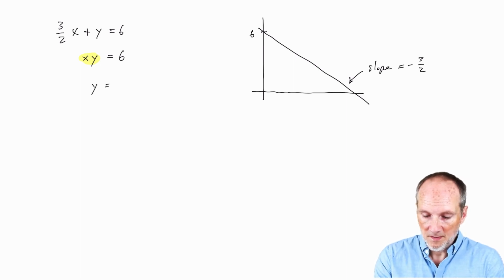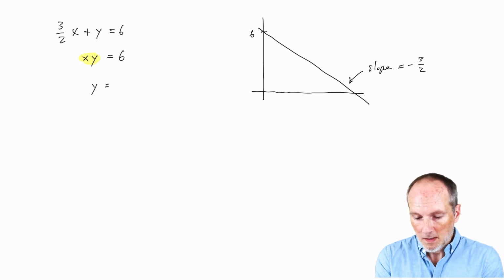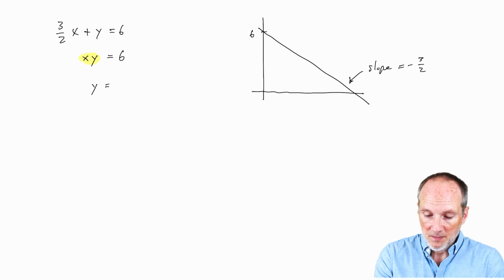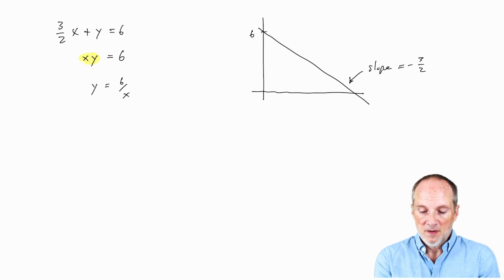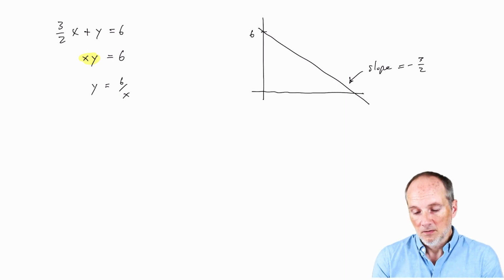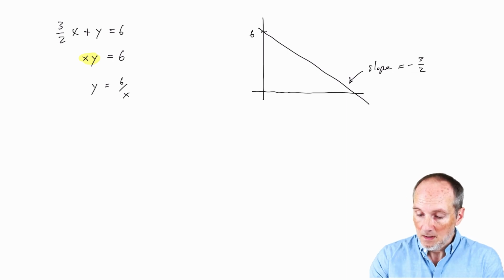Obviously to solve that, x has to be non-zero, so that means that we can divide by x, and so the set of xy pairs that satisfy the second equation will satisfy this relationship, y is equal to 6 over x, and we can plot those points.